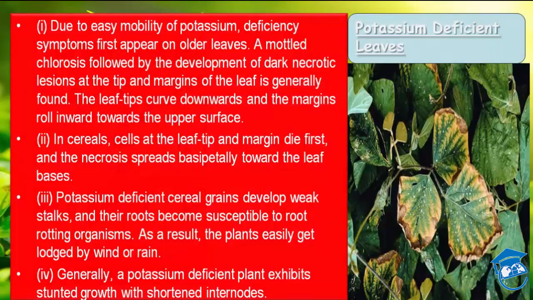So this is the potassium deficient leaf. Due to the easy mobility of potassium, deficiency symptoms appear first on the older leaves and then on the younger leaves. A mottled chlorosis followed by the development of dark necrotic lesions at the tip and margin of the leaf is generally found.